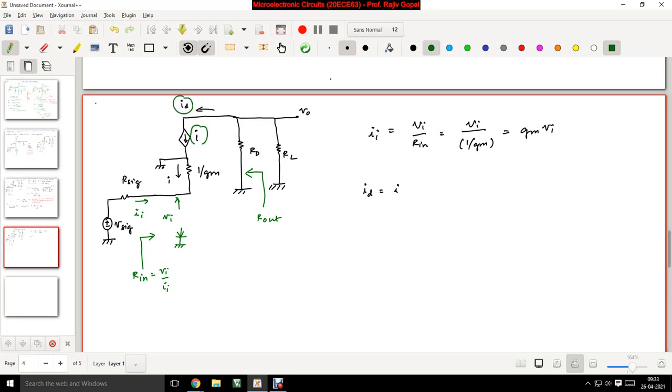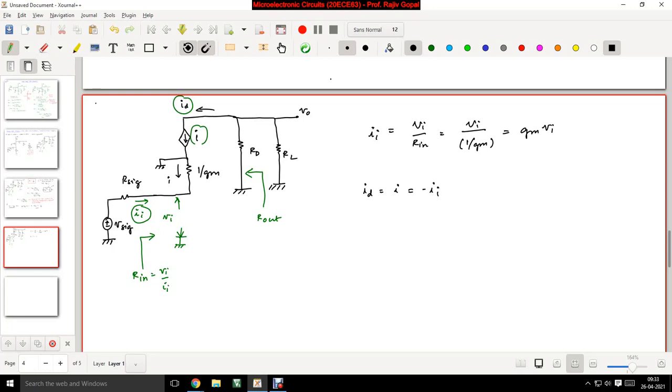So ID is equal to I is equal to this current, is equal to minus of I. Why? Because of the way we took the current to flow. Obviously all the magnitudes are same but the directions are different.